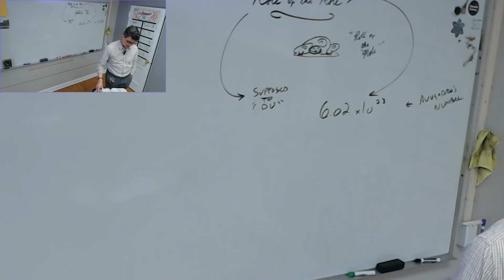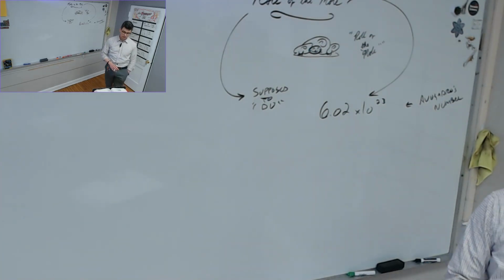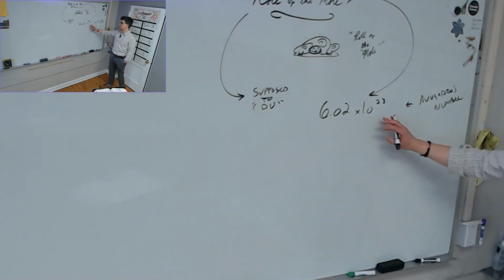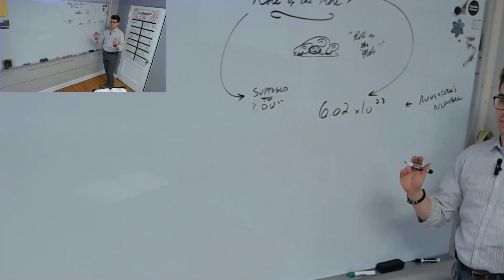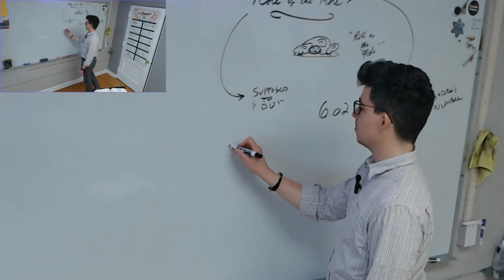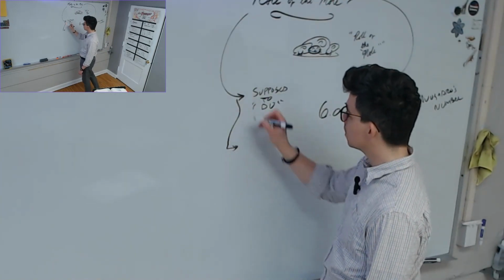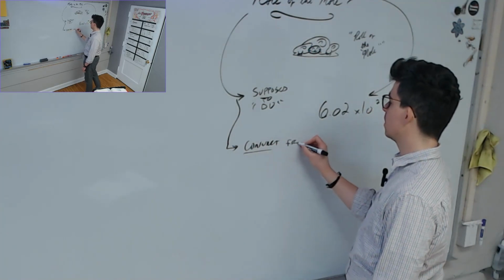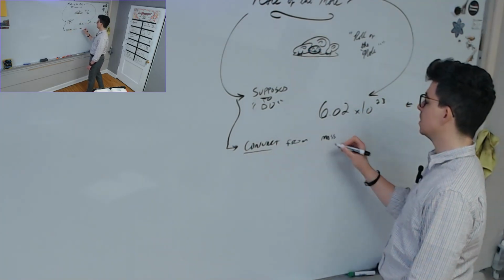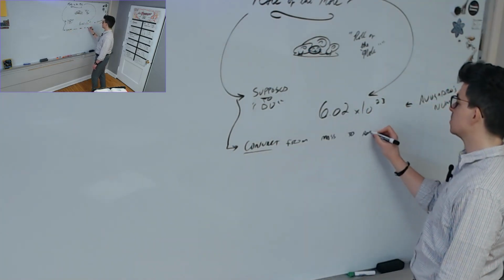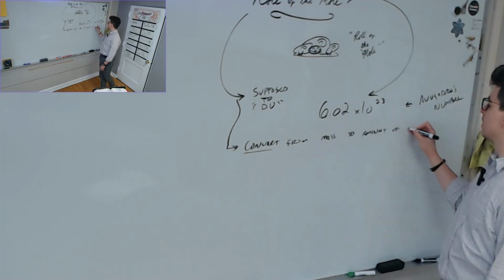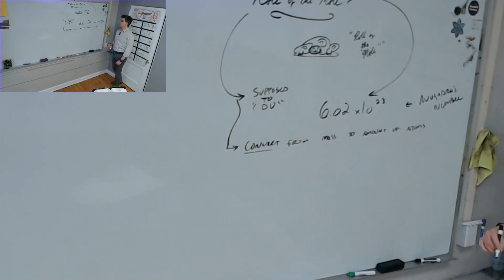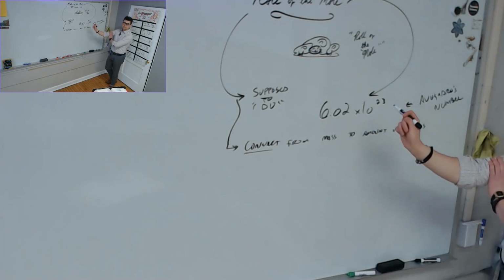He was the first to reckon that, using this number, we can fairly easily convert from mass, usually in grams, to amount of atoms. This is the role of the mole. Is this a very large number or a very small number? Very large.